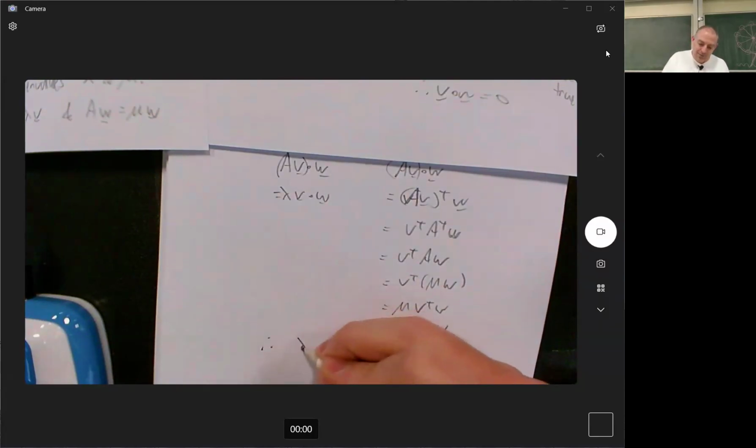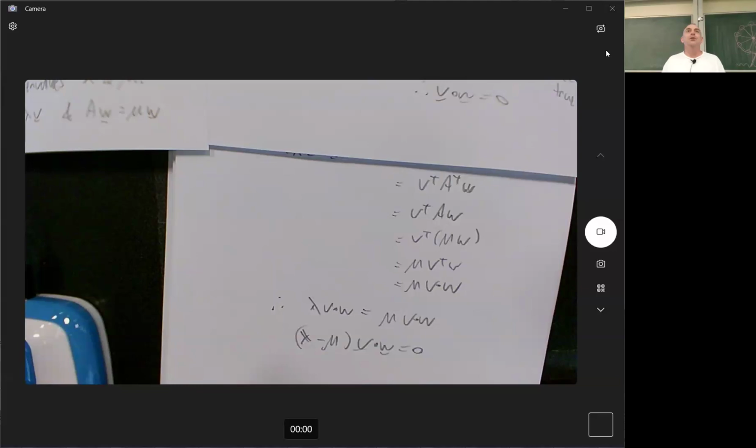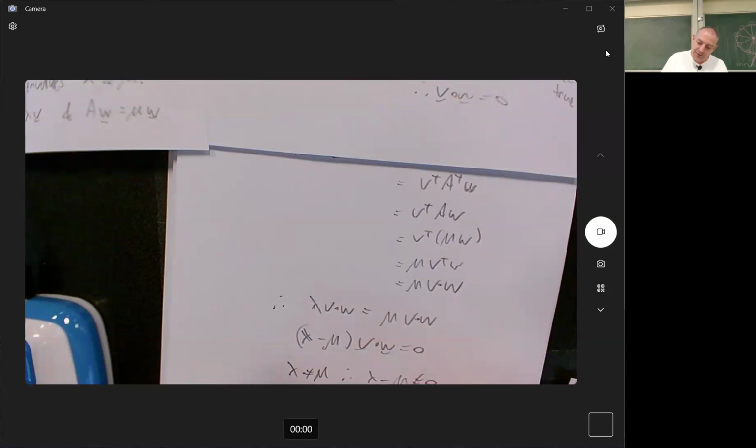And so therefore lambda v dot w is mu v dot w. And so lambda minus mu times v dot w is 0. And now I can be sure that lambda is not mu, and therefore lambda minus mu is not 0. And therefore v dot w is 0. Fixed. Awesome. Like, yay.